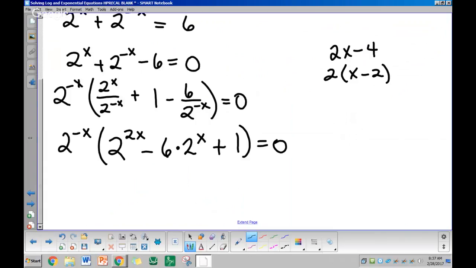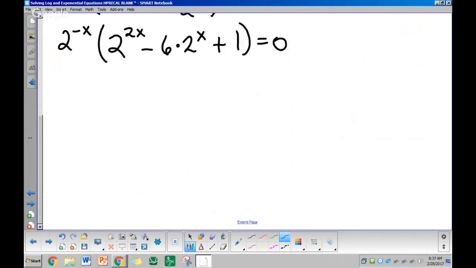Does this look like something? It looks kind of quadratic, doesn't it? Let me ask you this. If you think about the graph of 2 to the negative x, is it ever going to equal 0?